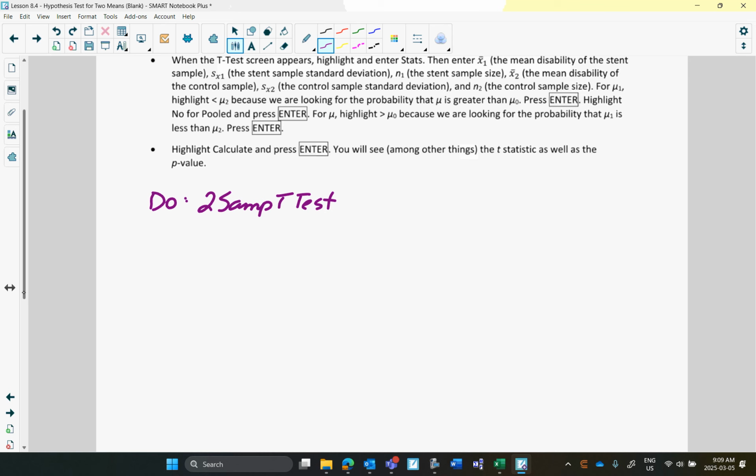We want to highlight stats, and then you're going to be asked for similar values that we did when we did a confidence interval for the difference between two means. The average of our first group sample was 2.26, the disability score, and its standard deviation was 1.78, and the sample size was 98. So that's all the stent group.